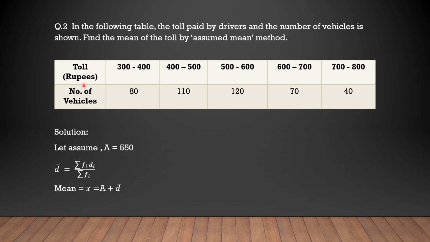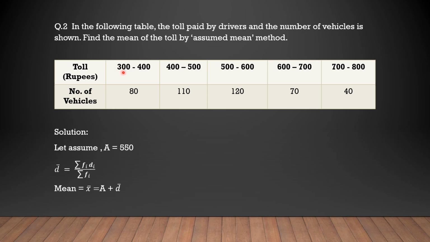Toll in rupees: 300 to 400, 400 to 500, 500 to 600, 600 to 700, 700 to 800, and number of vehicles 80, 110, 120, 70 and 40.